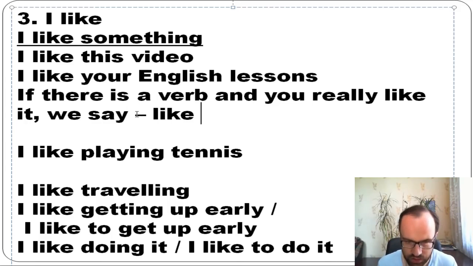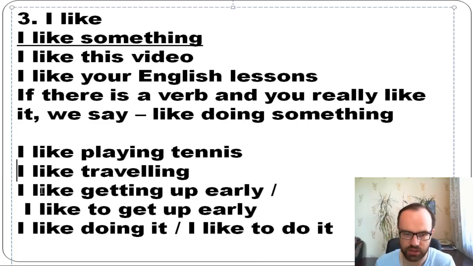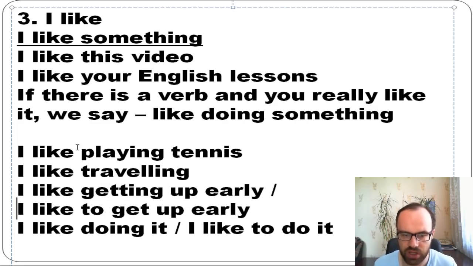For example, I like playing tennis. So we add ing. I like play tennis is wrong. It's a rule. Next, let's look at more examples. I like traveling. I like getting up early.